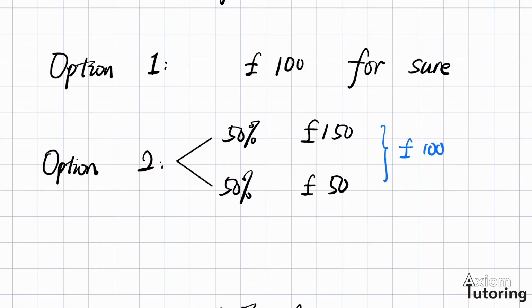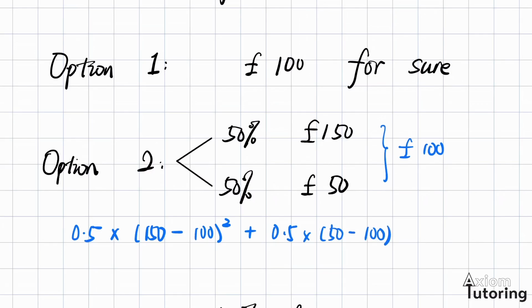So remember our formula for calculating the standard deviation. That will be 0.5, which is the probability for the first outcome, multiplied by 150, which is the first result, minus the average result, to the power of 2, and then 0.5, times 50 over here, minus 100 to the power of 2.